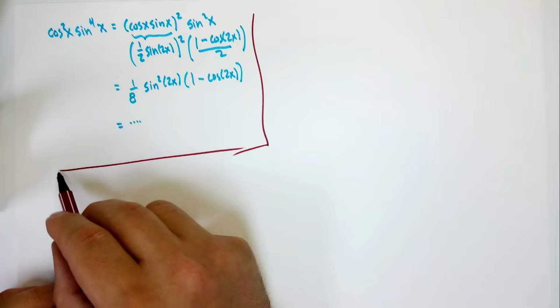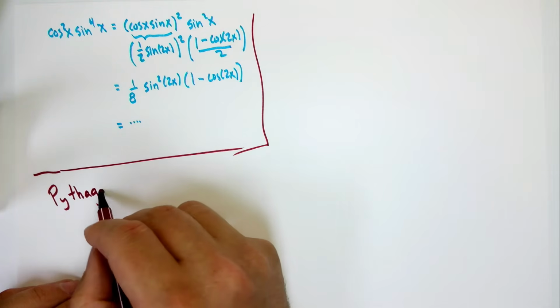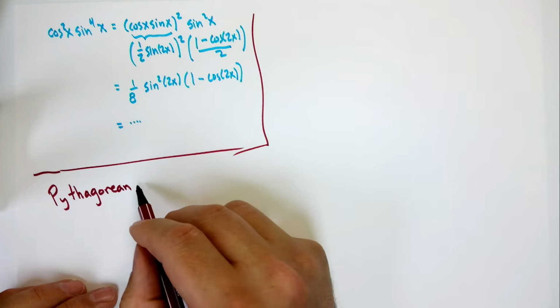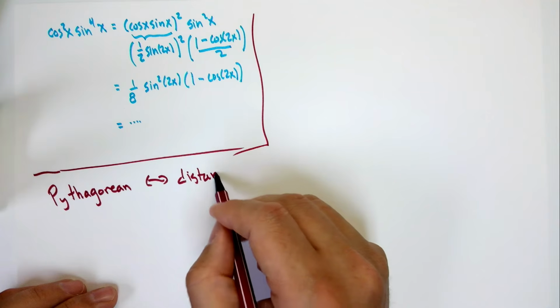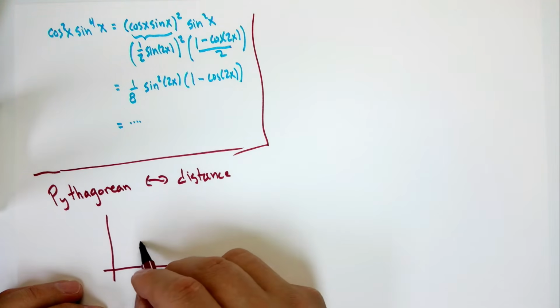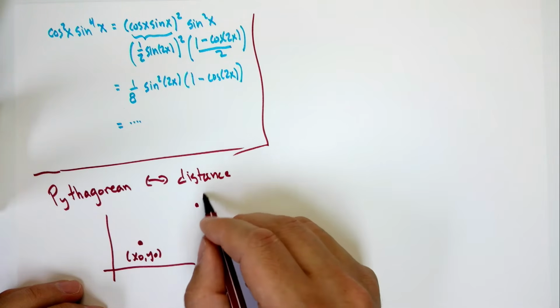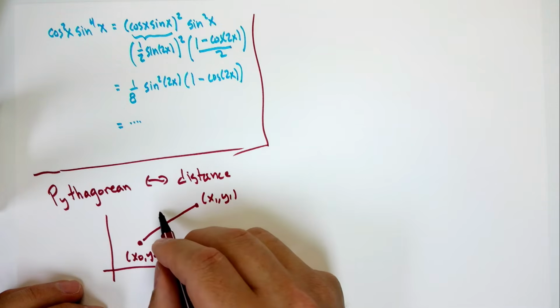Why do we like the Pythagorean theorem? Well, the Pythagorean theorem is good for distance, and oftentimes we're interested in understanding distances. Suppose I have a point and another point, and I want to ask, how far apart are they?